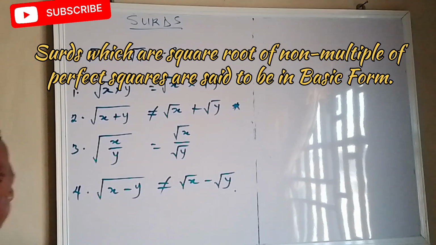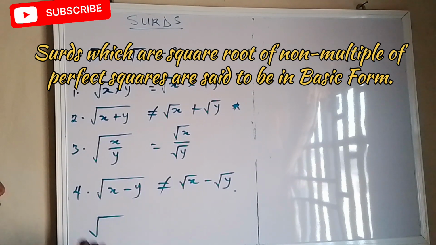Look at this number 11. This 11 cannot be expressed as a multiple of a perfect square apart from 1. So we say this SURD is in its basic form.